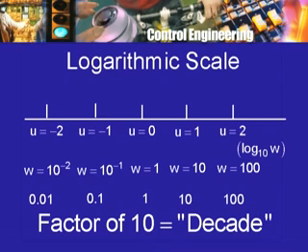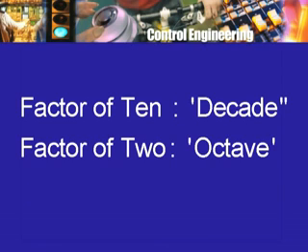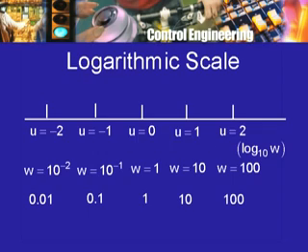Now, instead of saying factor of 10, one uses a term from music or acoustics, which is called a decade. In fact, the acoustic term is not really decade, the acoustic term is an octave. What we have here is a decade. u equal to 0, u equal to 1, omega equal to 1, omega 10 times that, u equal to 1 to u equal to 2.